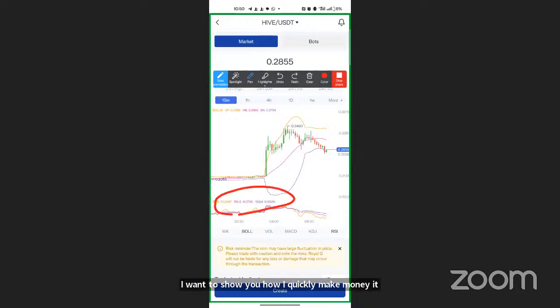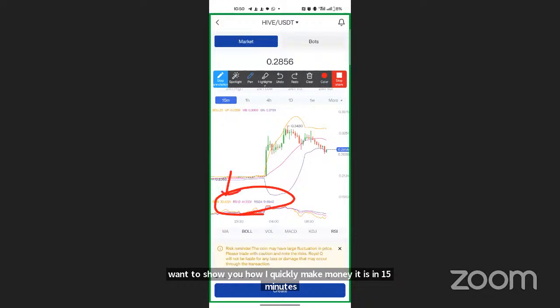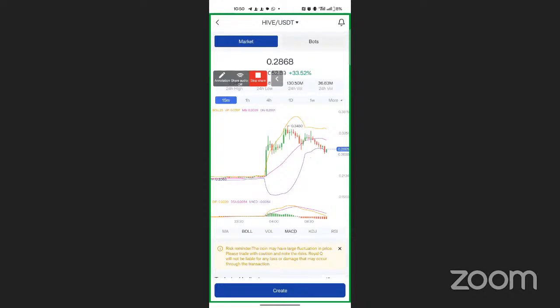You see where the RSI of 6 is? It is close to the oversold area.